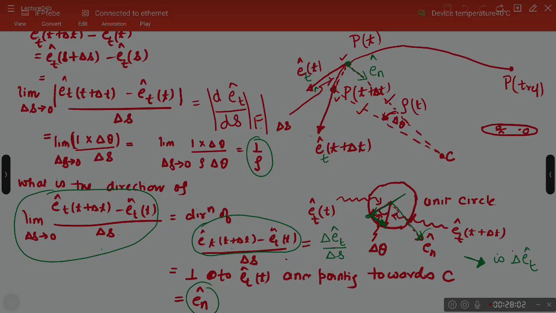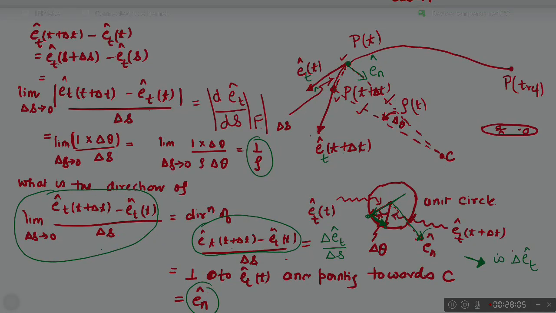Now to get an expression for that term, I am going to use some diagrams here and I am going to draw some conclusions based on the geometry included in these diagrams.